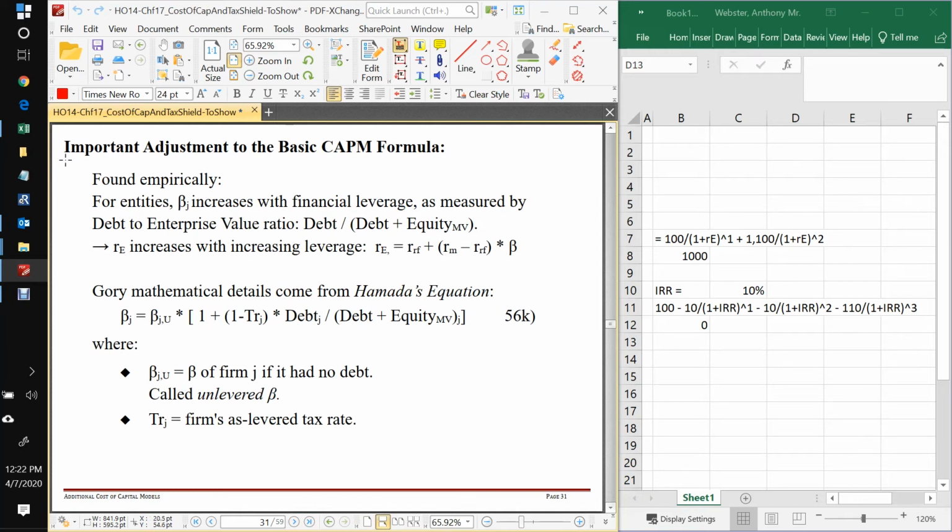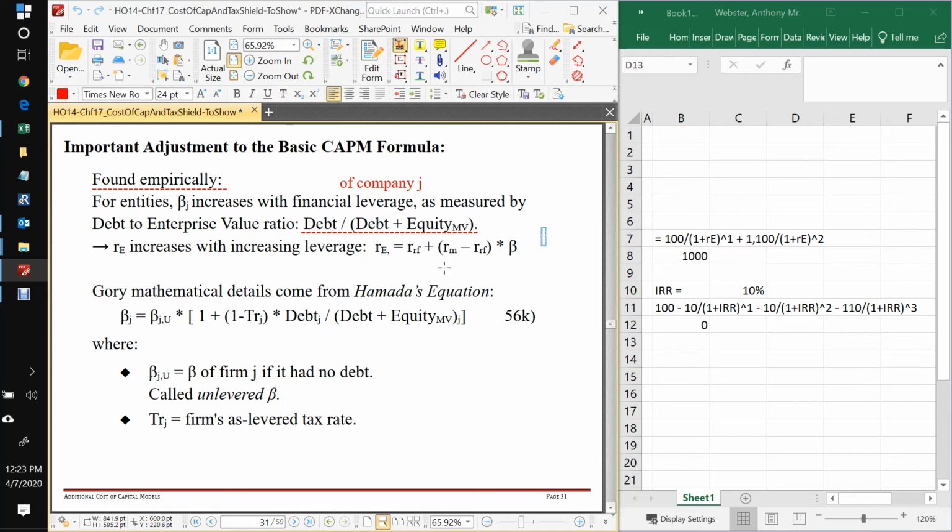Okay, so there's one important adjustment we need to know about to the basic CAPM formula. It's true, because it's found true empirically, that the beta, the slope in this regression of returns of stock J to the market, increases with the financial leverage of company J. If we measure leverage by debt to enterprise value, which you remember hopefully from ratio analysis, that is our debt divided by debt plus market value of equity.